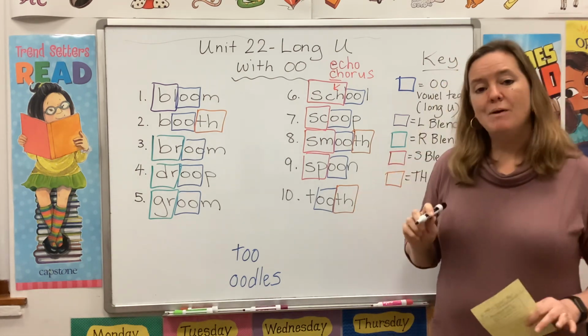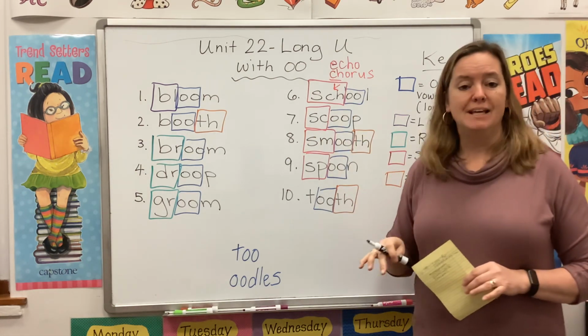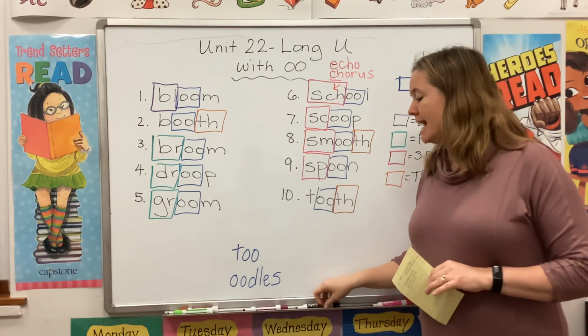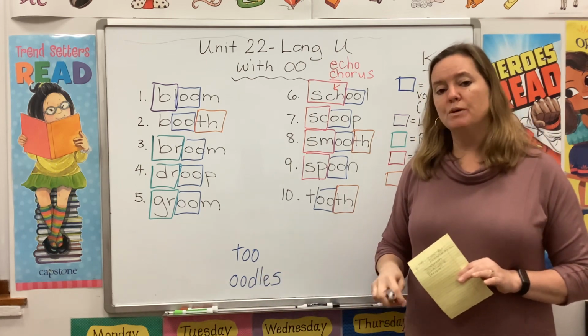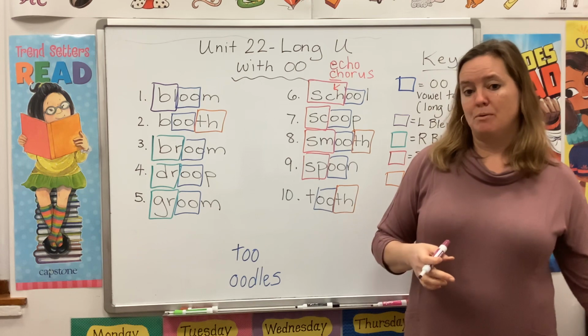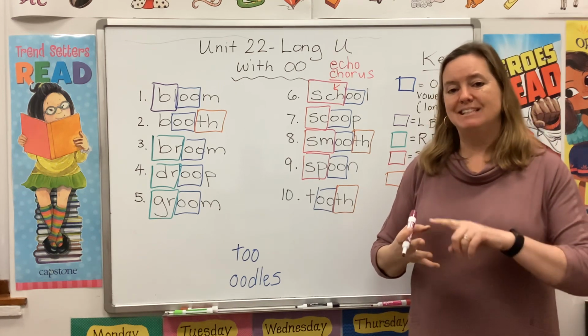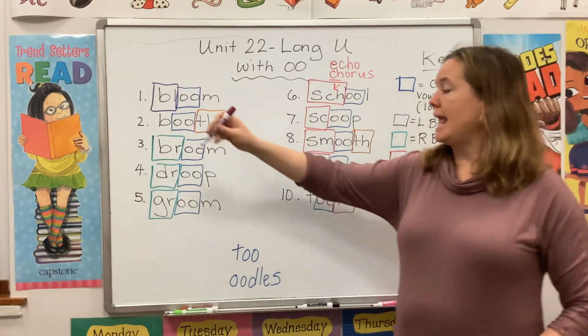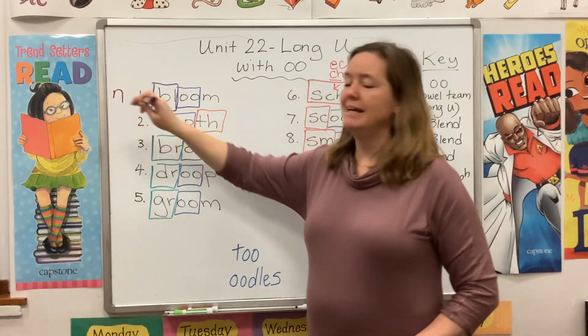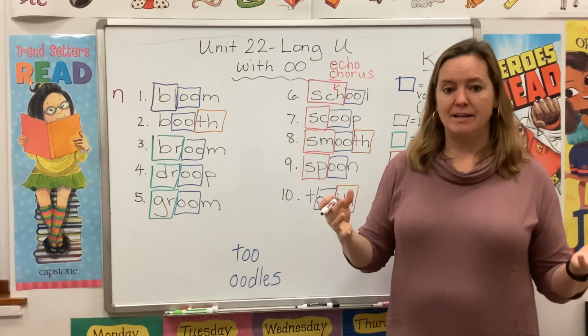Okay, what I want to do now is go through the list with you, and quickly, as we talk about the meaning of each word, I want to label the part of speech. So, let's start with nouns: people, places, things, okay? A bloom is a noun, right?